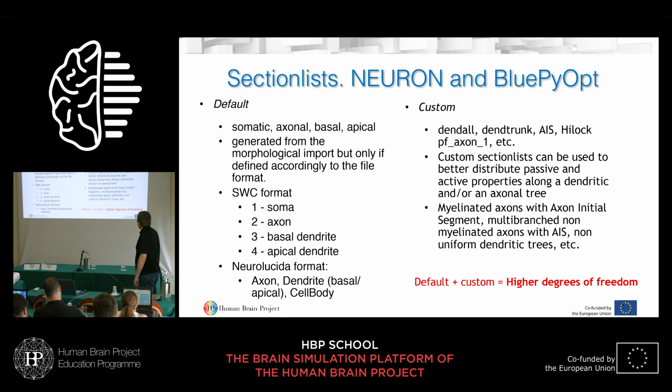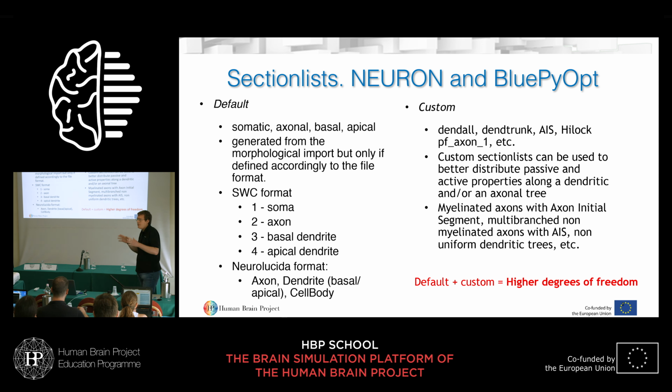3 years ago, I asked Werner Van Geit, the author of BluePyOpt, to make it possible to define my own section lists. So I can define something with an actual variable name like all, trunk, axon initial segment, and so on. Why? Because I needed something that I could play with.